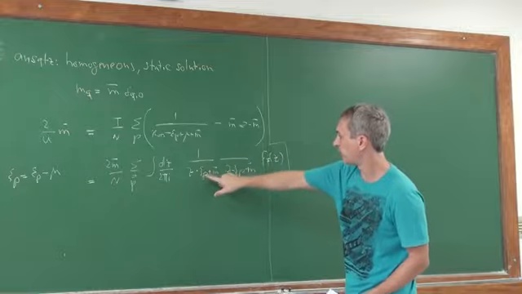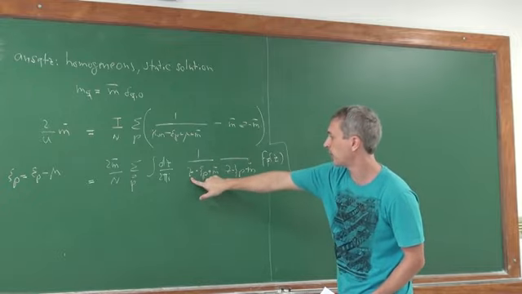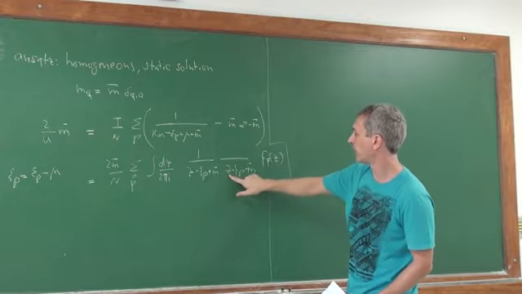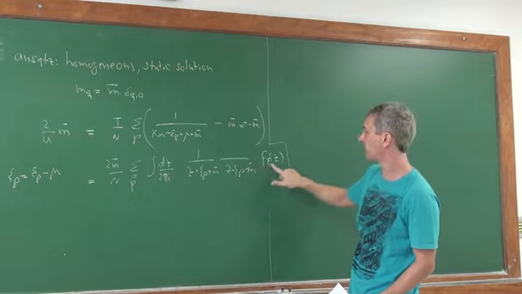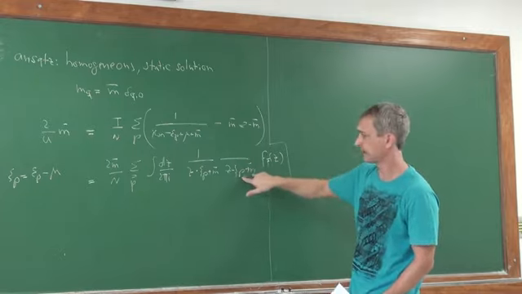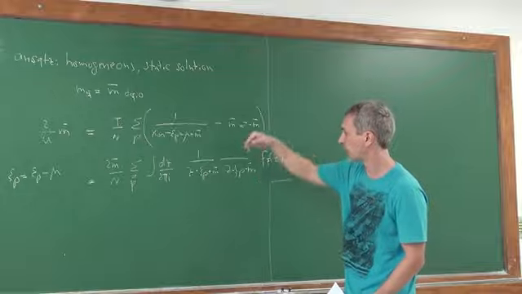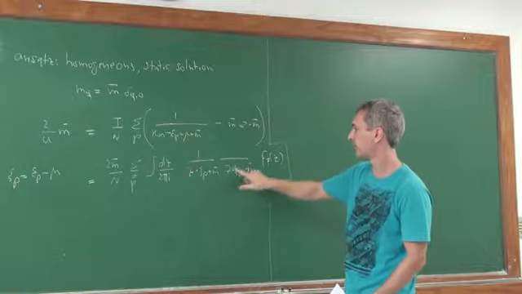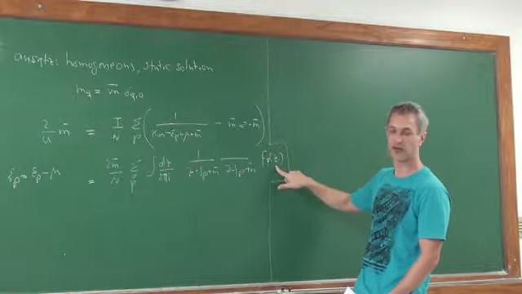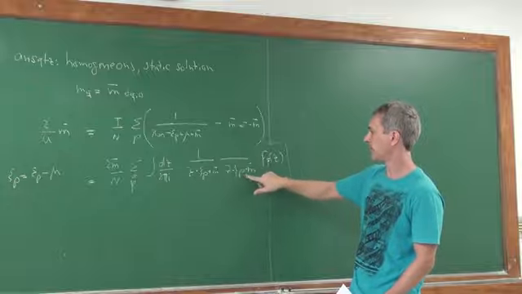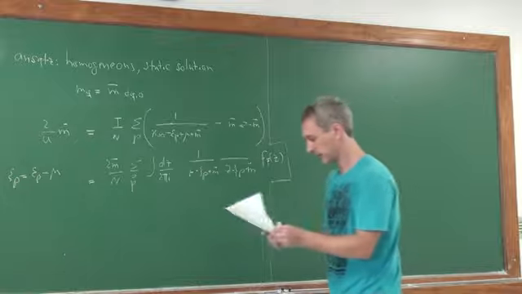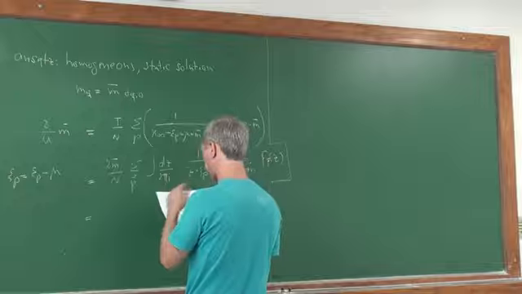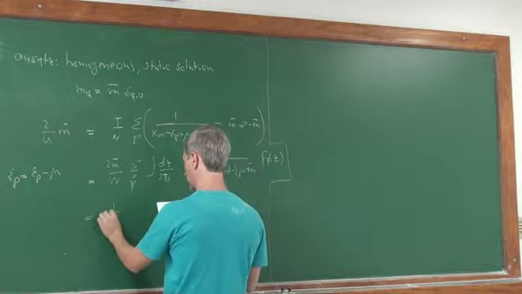What you will find is, for example, the pole at z equals epsilon_p minus m bar will give us a denominator 1 over 2m bar, and then the Fermi distribution function evaluated at this point. And the other one will give us a 1 over minus 2m bar, so with the opposite sign, and then the Fermi distribution function evaluated at epsilon_p with a different sign here. Okay? So what you get, this m cancels out, actually with a factor 2, that we get n.